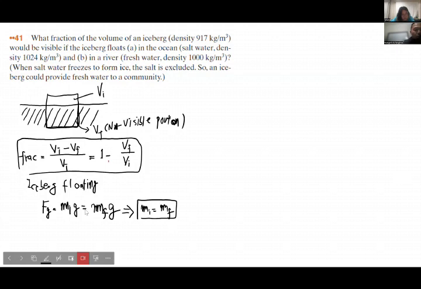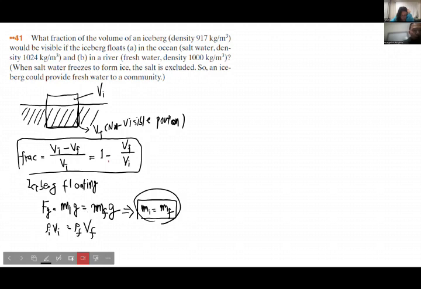So if you re-express this relationship with the mass density and the volume of each fraction of the iceberg, then that should be rho I times VI, the density of the iceberg times the total volume of the iceberg, equals the density of the fluid replaced by this iceberg times the volume of the submerged portion.